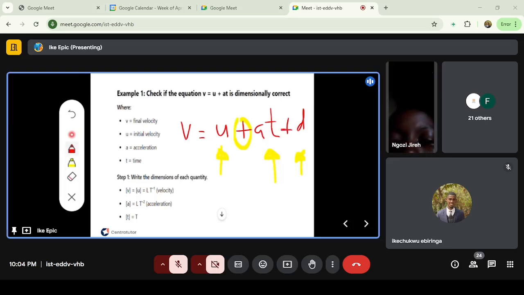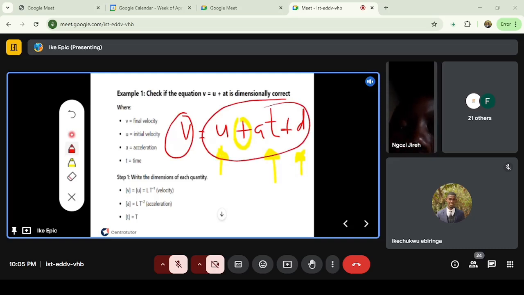So when we have signs like plus or minus separating different units or different groups of units, those groups of units will be treated as a single, independent unit. In this case, V is our left hand side and everything else is our right hand side.